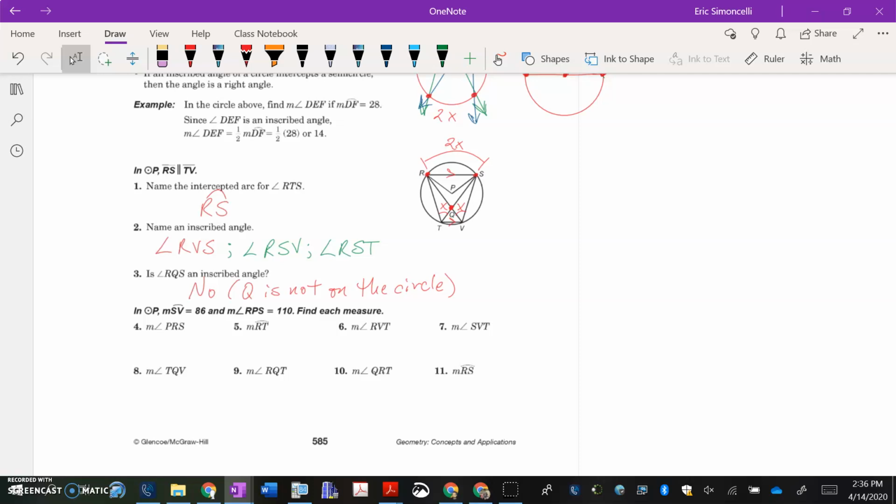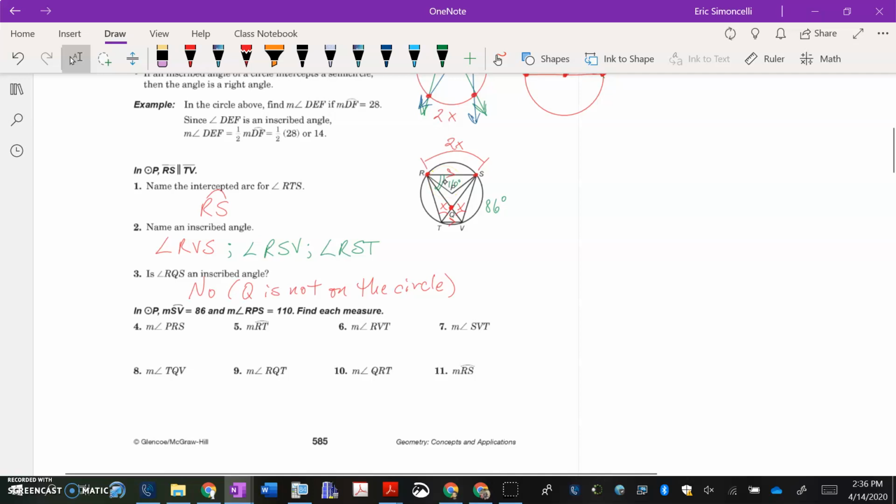So let me go ahead and mark things up for you here. We've got SV as 86. Okay. We can argue then this angle right here should technically be half of that. We also know that angle RPS is 110.